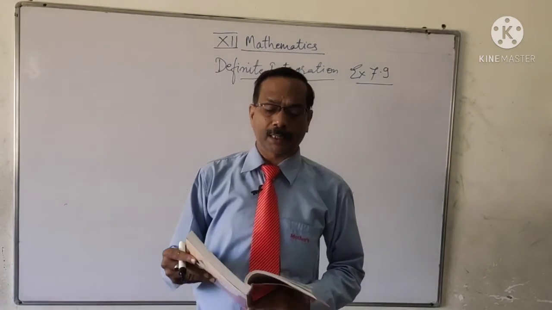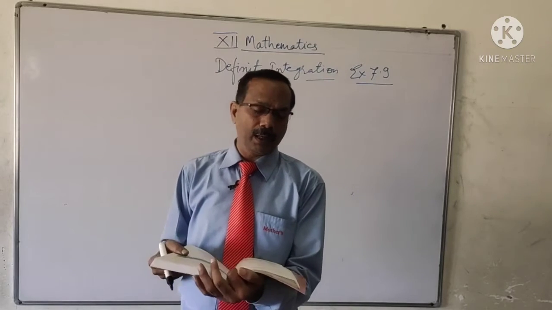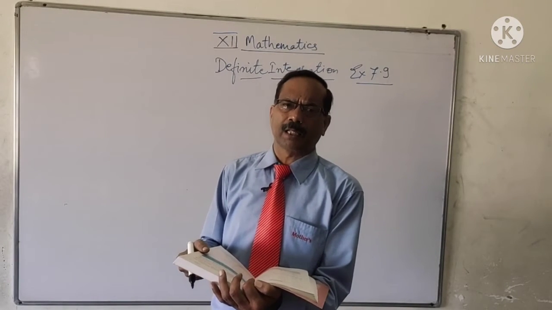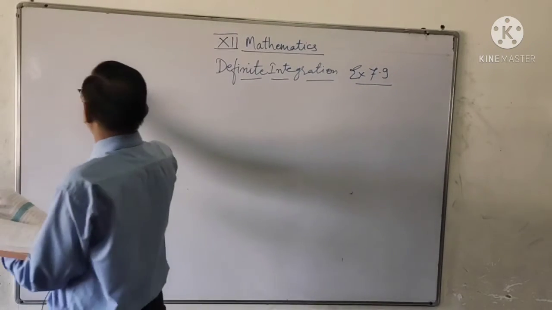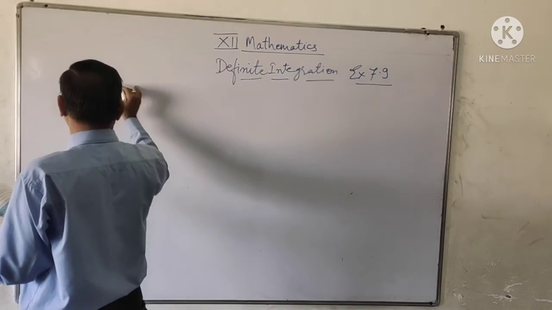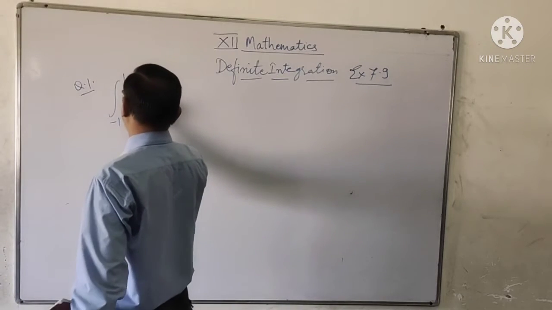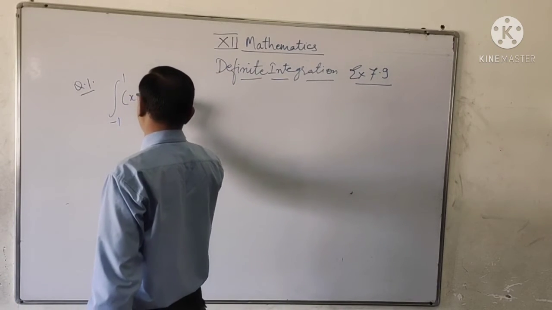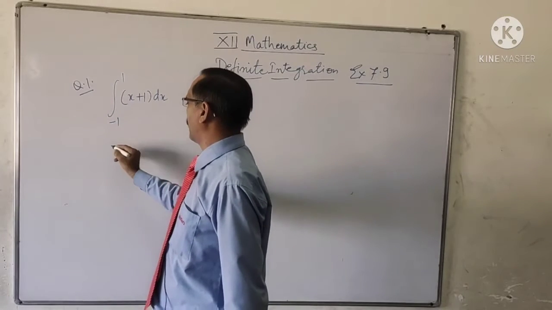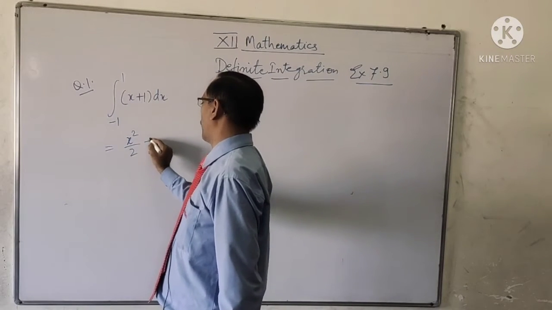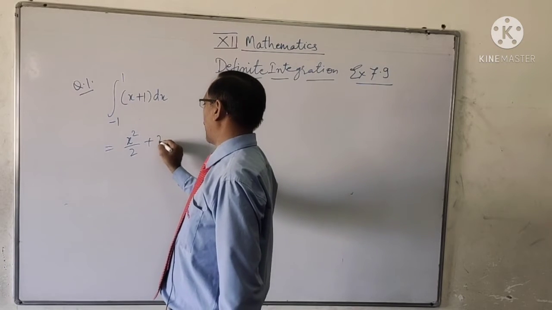Now come to the exercise. Question number 1. Evaluate the definite integrals in exercise 1 to 20. So question number 1 is the integral from minus 1 to 1 of x plus 1 dx. It's a very simple question. Integration of x is x square upon 2. Integration of 1 is x.